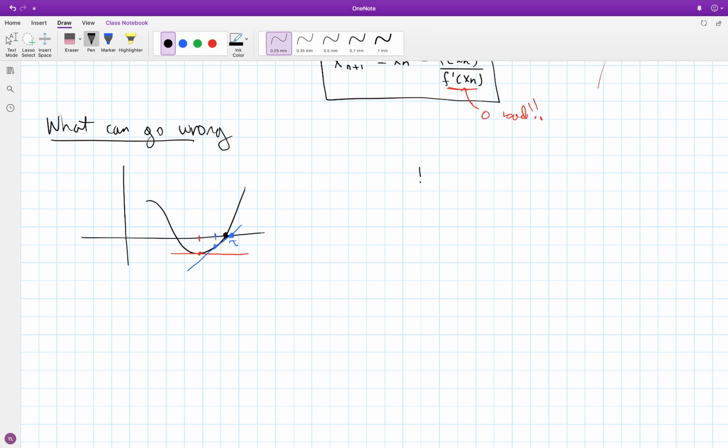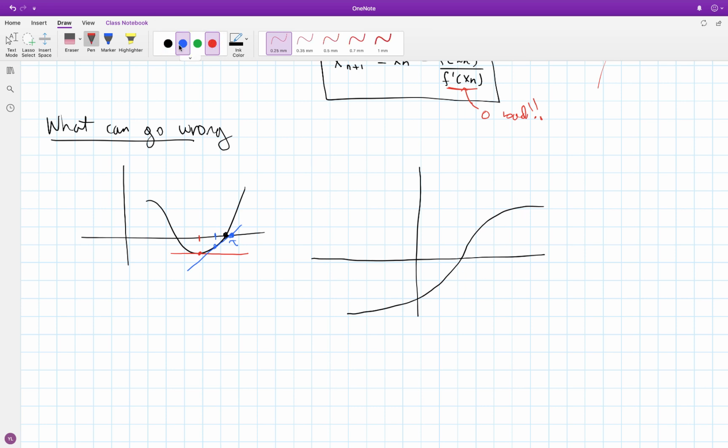Okay, so consider the following drawing. I'm going to try and exhibit what can go wrong in a situation like this. Here's our mystery root, and let's say my first guess is somewhere over here. Then Newton's method will draw a tangent line like this. Not great, but imagine that that's the tangent line at that first guess. And then it sends my second guess over here, x1.